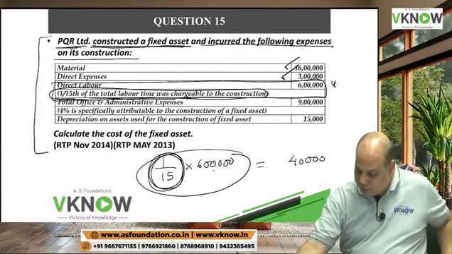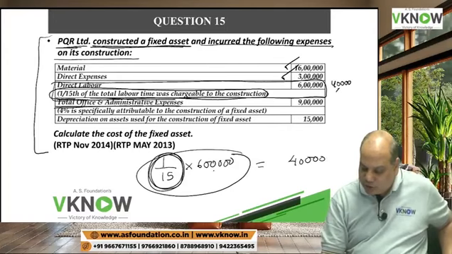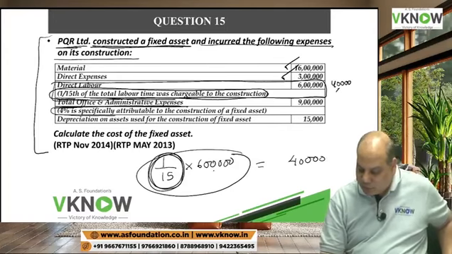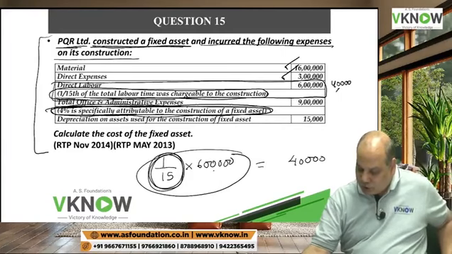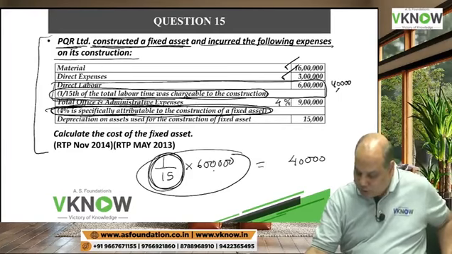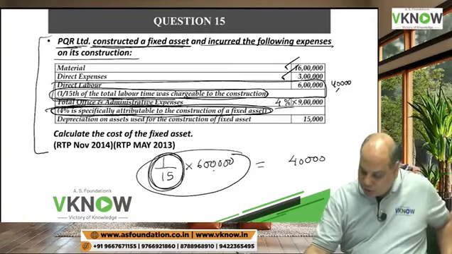So I will take 40,000 rupees, not the entire amount. Total office and administration expense, again read, 4% is specifically attributable to construction of PPE. So I will only take 4% of 9 lakh, that is 36,000.